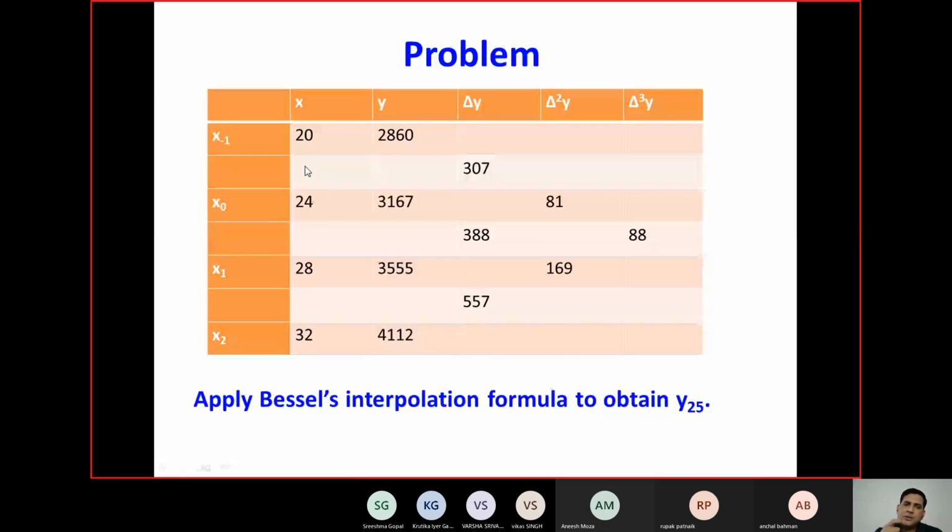Newton's forward and backward and central difference formulas are there for equally spaced data points. So here the spacing is 4, this also 4, this is also 4. These are the corresponding y, so you can calculate your delta from forward, with the difference table, the difference between this minus that can be calculated.